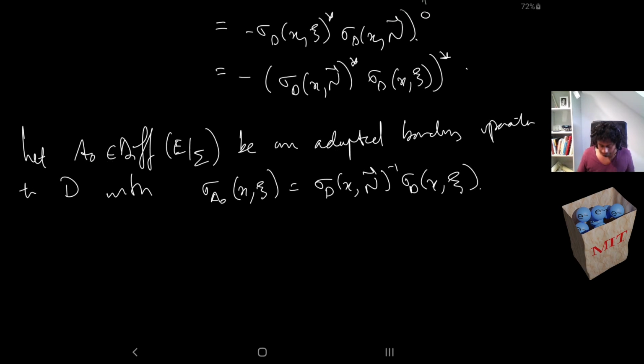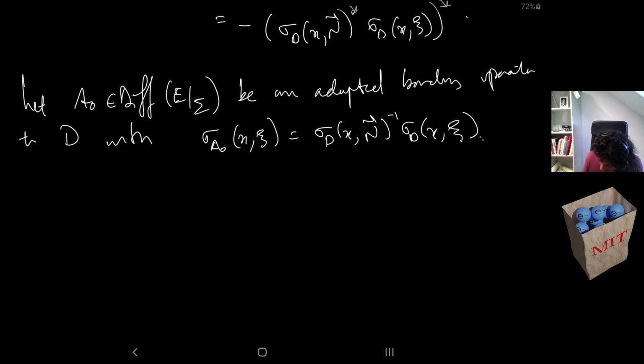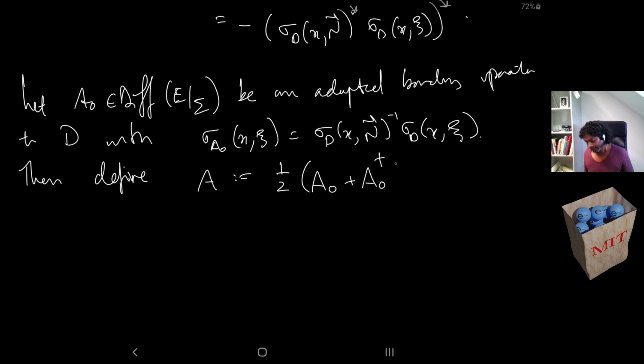So that's the trick here. So now let me define. So then define A equal to a half A naught plus A naught formal adjoint. So this is certainly now a symmetric or a formally self-adjoint operator, because the formal adjoint of A naught is A naught dagger, and the formal adjoint of A naught dagger is back to being A naught, right?